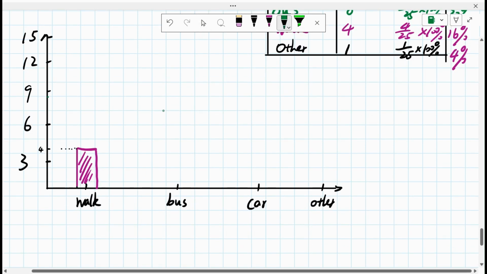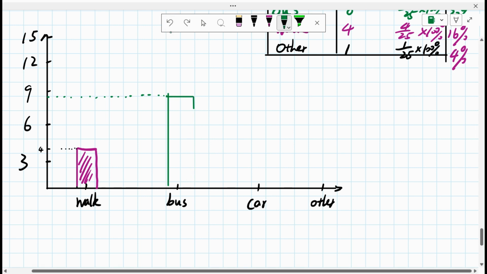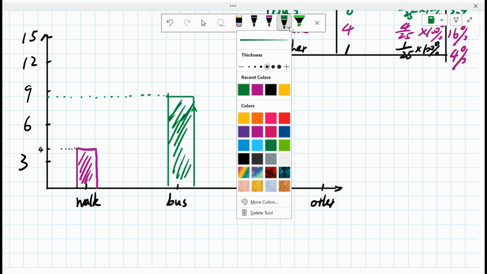So it's just below 9. There we go. So we could do it like that. Oh my god, that line is just ugly. Please, sorry. And that's 8. And then the car, which is 12. So we should be using the yellow. So 12.